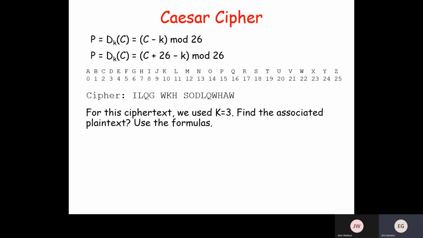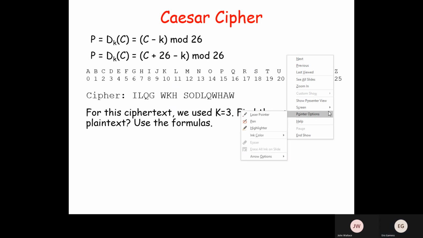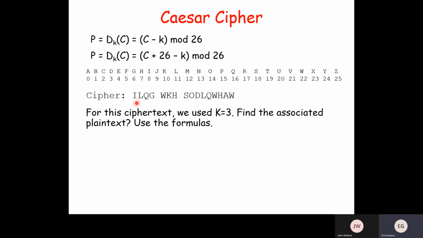Okay. So here is the formula to decrypt. And I have this ciphertext. I'm telling you, we know that the person that encrypted the original message used key 3. Can you please tell me what was the plain text? So we are just going to apply what we have just seen, no?